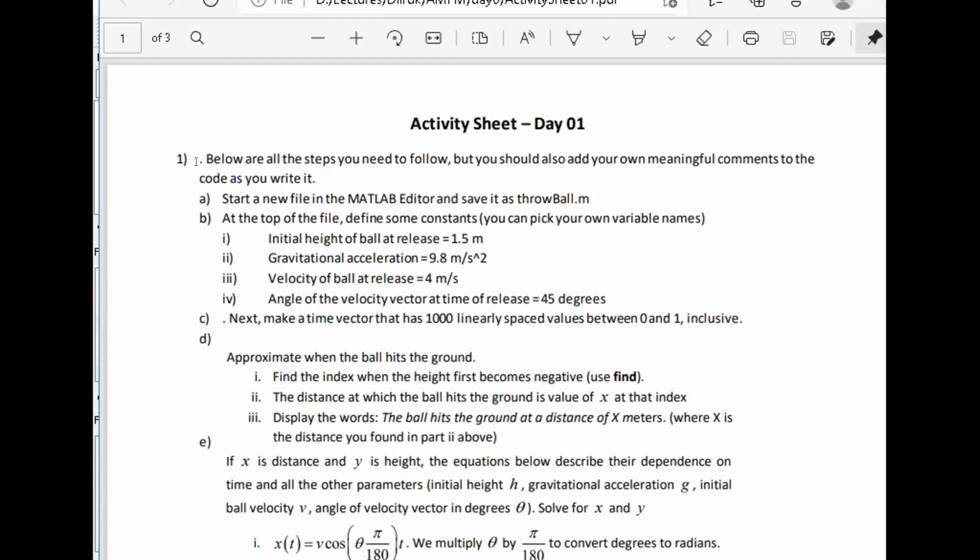Let's read this out. These are all the steps you need to follow. You should always add your own mini footnotes to the code as you write. Start a new file in Octave.